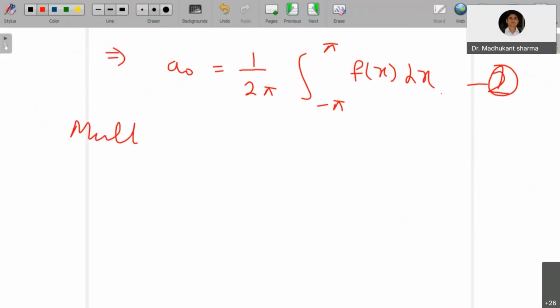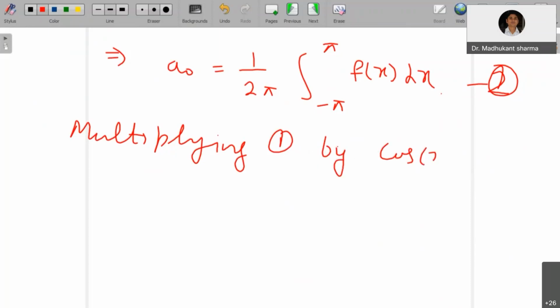Multiplying 1 by cos mx. So instead of n, we choose m, that is fixed. That we will choose accordingly. How it will help you is as follows. So multiply both sides of 1 by this.